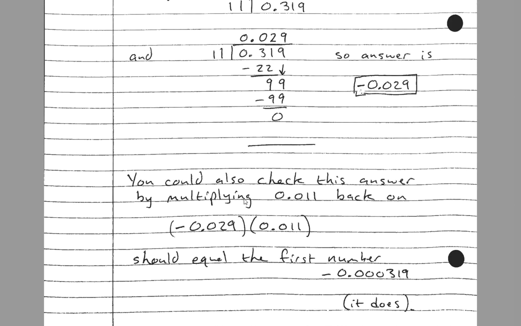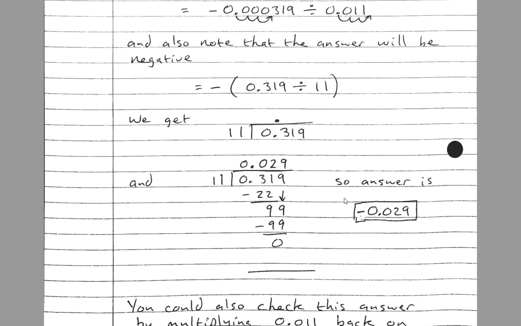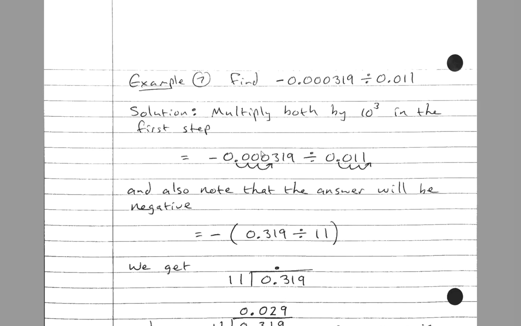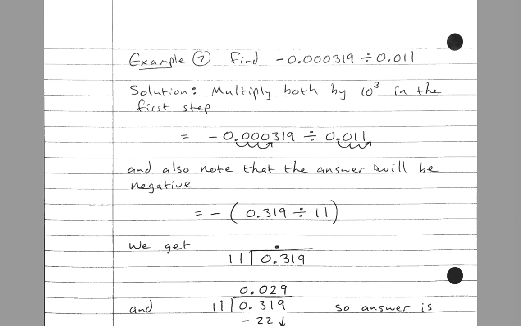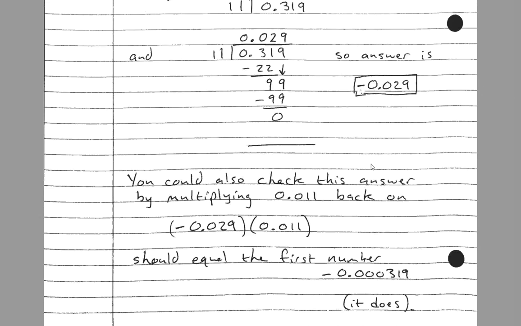And like we said before, this number divided by 0.011 gives you this. You can check your answer by multiplying that 0.011 back on. If you remember how to multiply decimals, this may be a good review. A negative times a positive is negative.